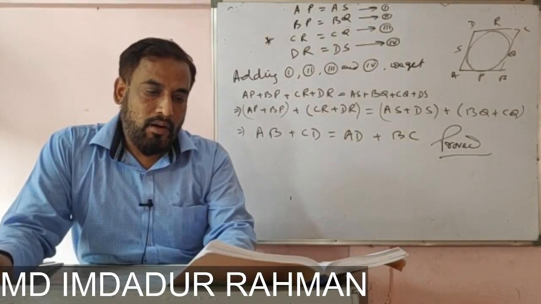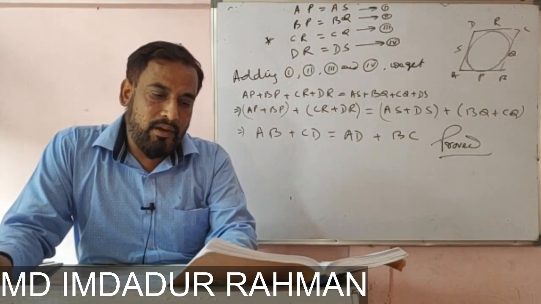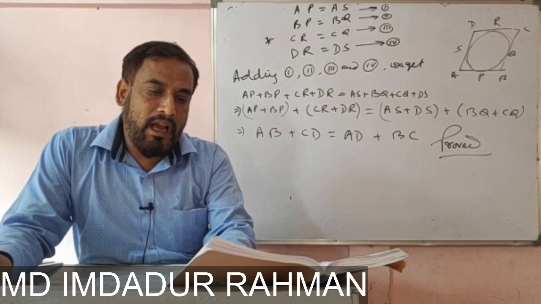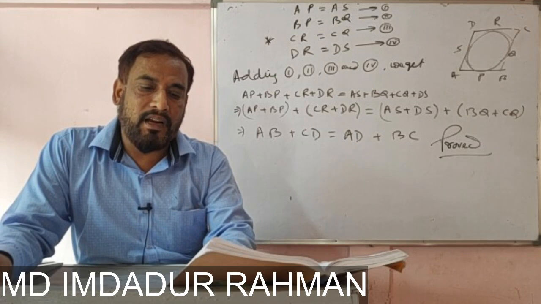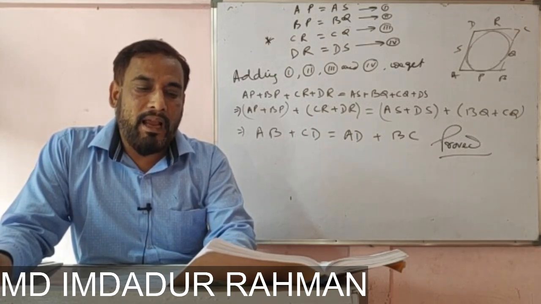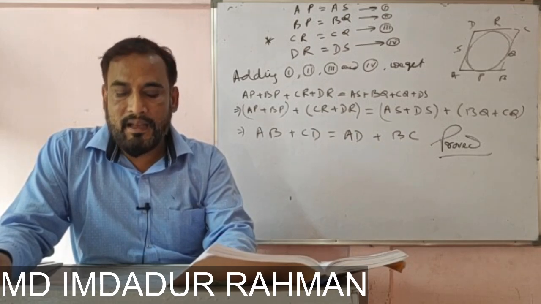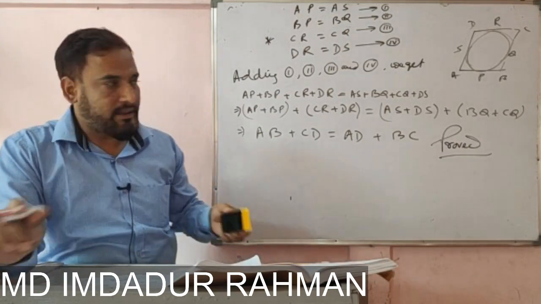Question number 10: prove that the angle between the two tangents drawn from an external point to a circle is supplementary to the angle subtended by the line segment joining the points of contact at the center.